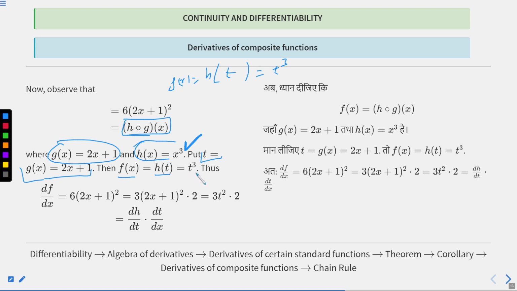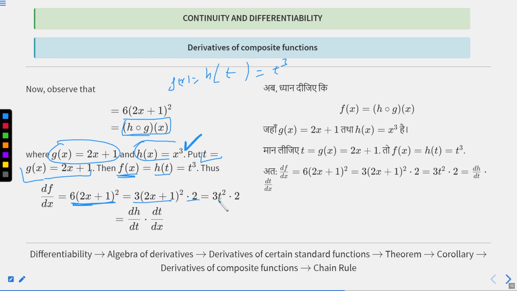Now, if you differentiate f with respect to x, what will happen? You already evaluated this. This is 3 multiplied with this, which we just broke.